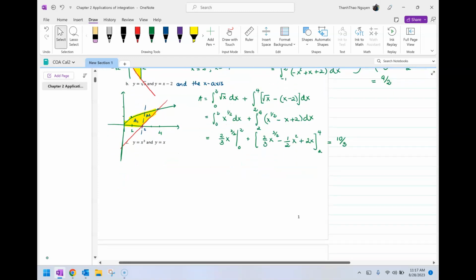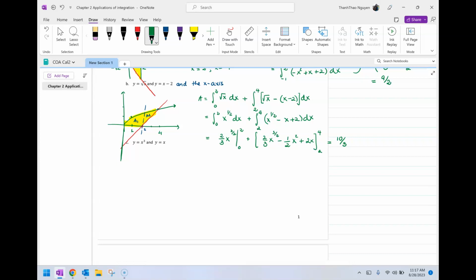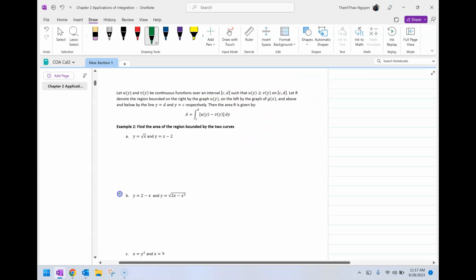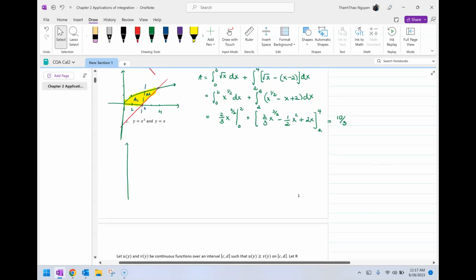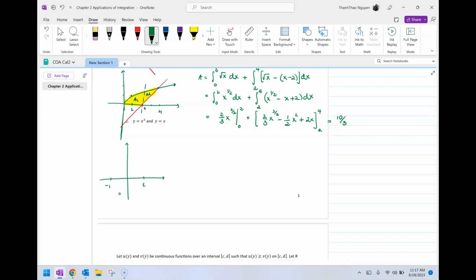The next one, we're looking at the region bounded by y equals x to the 3rd and the line y equals x. Again, let's sketch the curve, and again, this is not to scale.